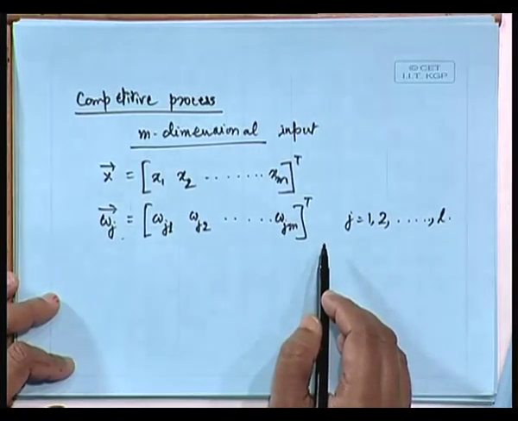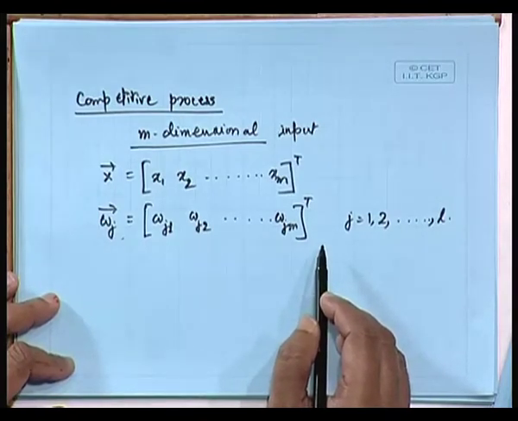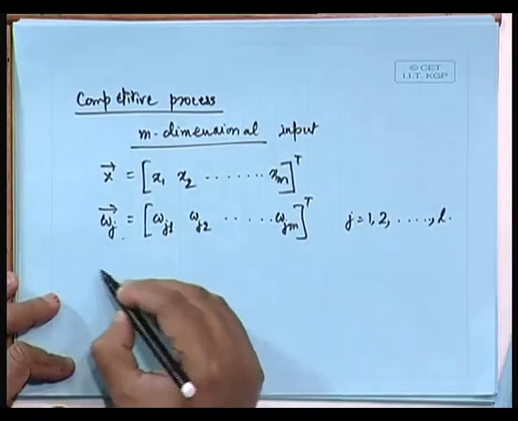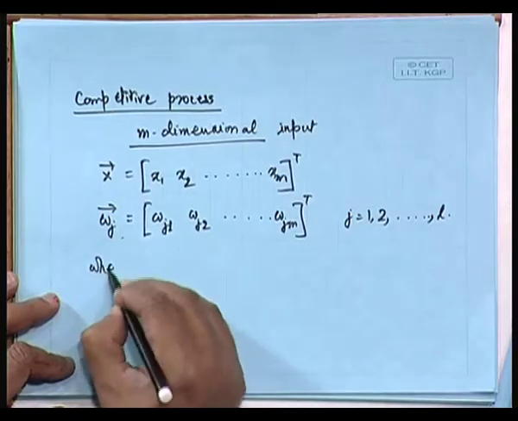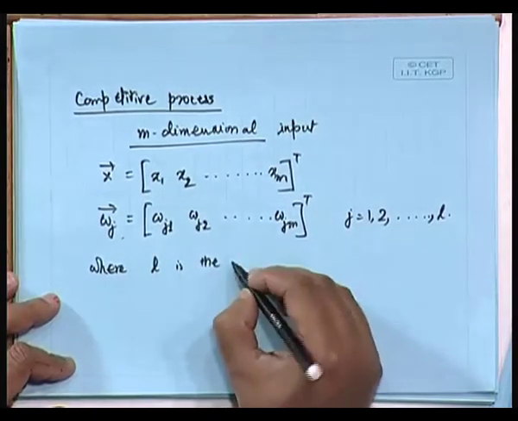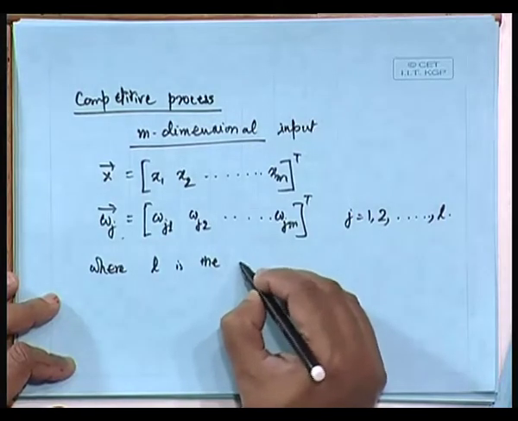So, totally there will be an array of m into L weights. We will have L such different Wj vectors, where L is the total number of output neurons.